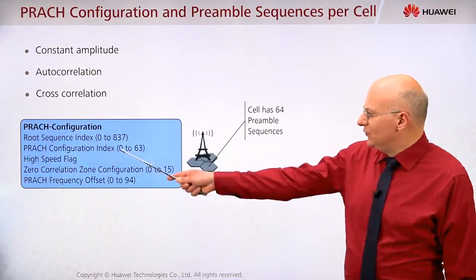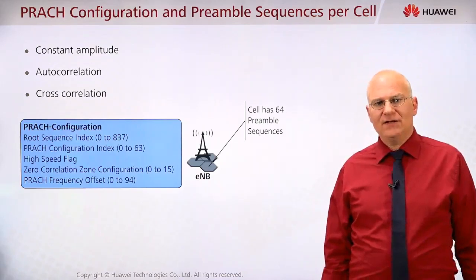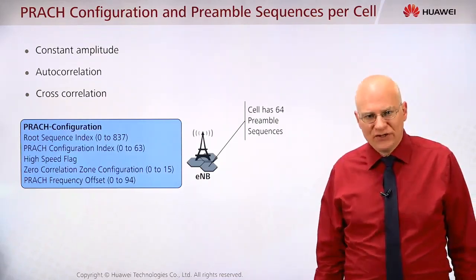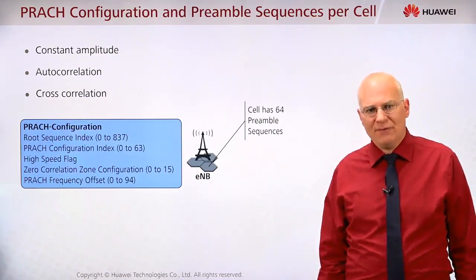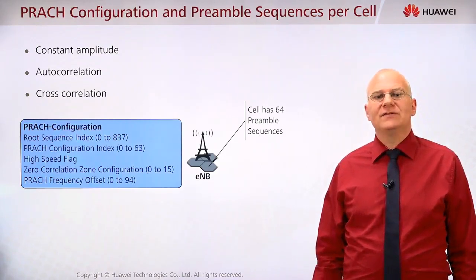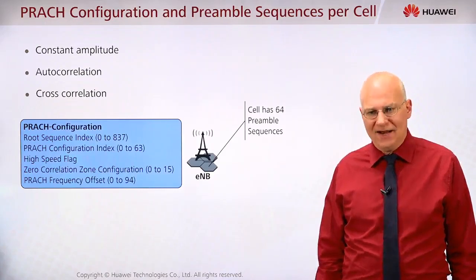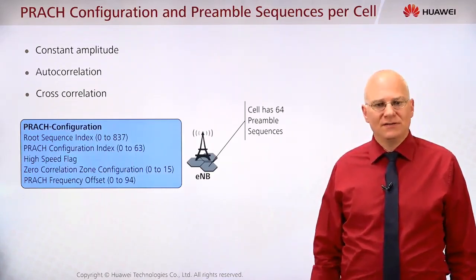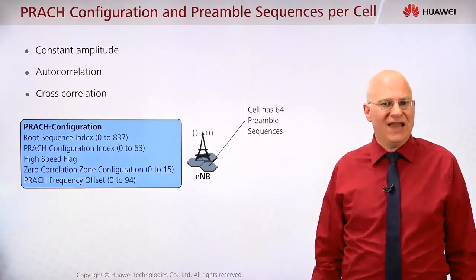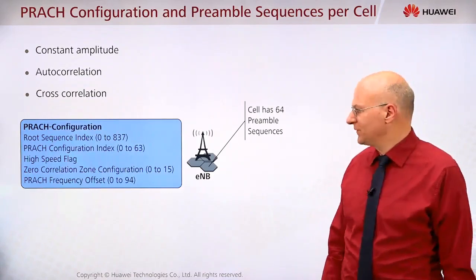So if we are in a high-speed cell, we have a restriction on the preambles, so then we need more root sequence indices per cell. This has to be taken into account in planning of the root sequence index.